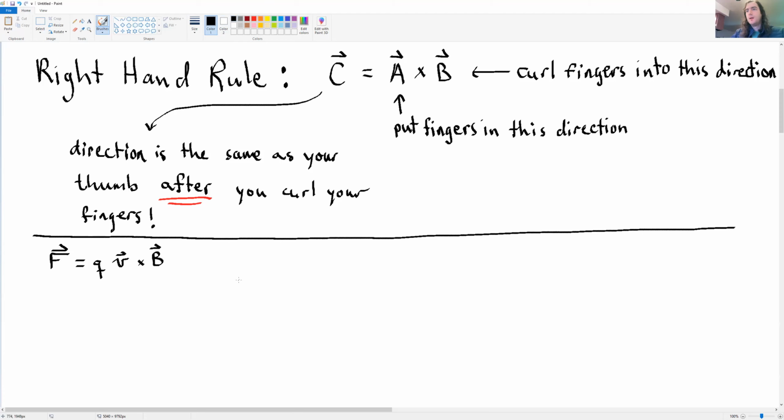Okay. And I'm going to now draw some diagrams here to get us some practice. We have a positive charge, let's say moving to the right. And we have a magnetic field here pointing upward, like so.